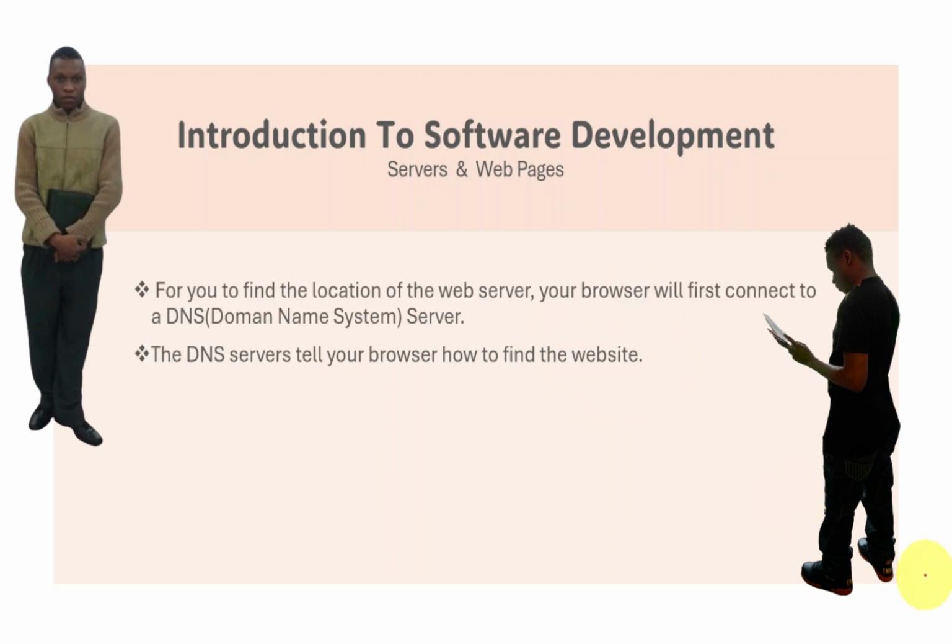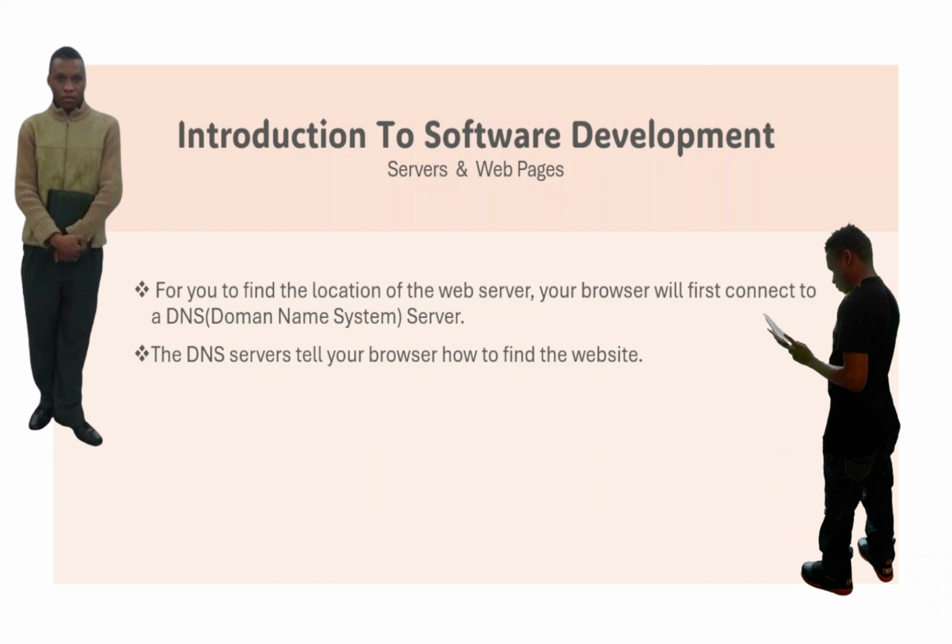Now, for you to find the location of the web server, your browser will first connect to a DNS server. The DNS server tells your browser how to find the website. In case you don't get it, I'm going to read one more time.